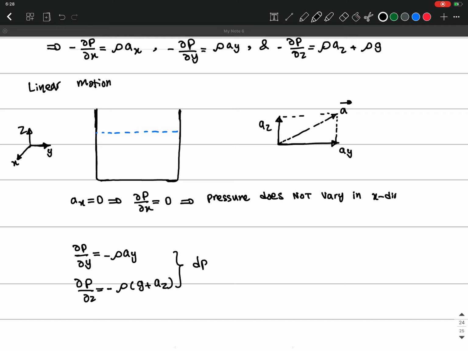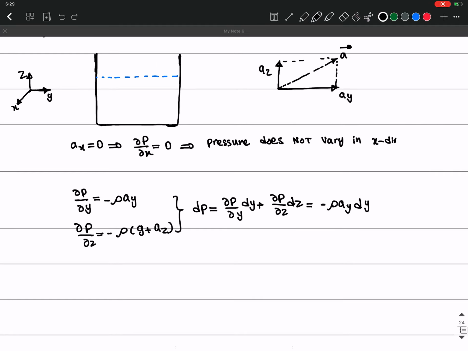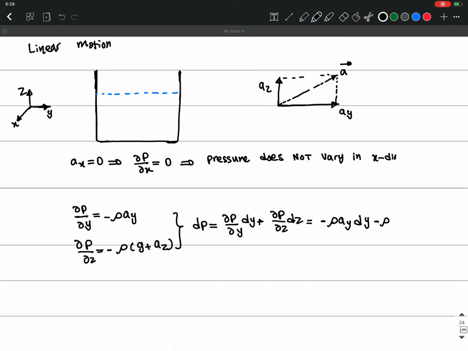I can write dP, the total pressure differential, as partial P over partial Y dy plus partial P over partial Z dz. The x term is 0, so I don't write it down. Partial P over partial Y is given here, minus rho a_y dy, and partial P over partial Z is given here, so it gives me minus rho (g plus a_z) times dz.